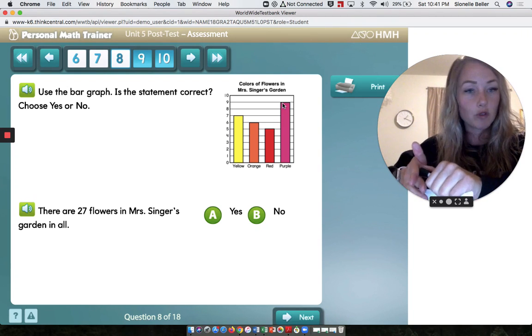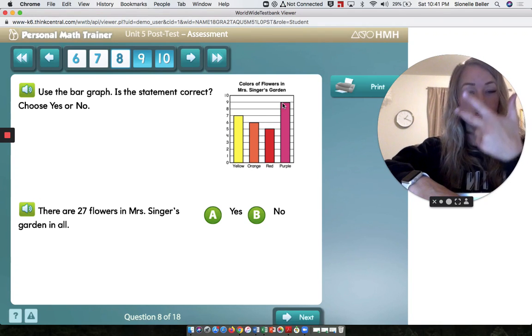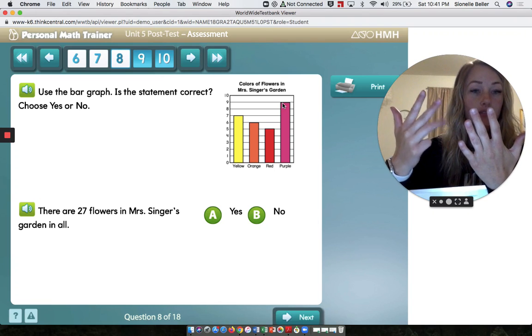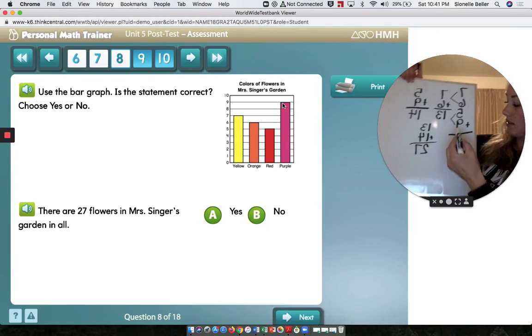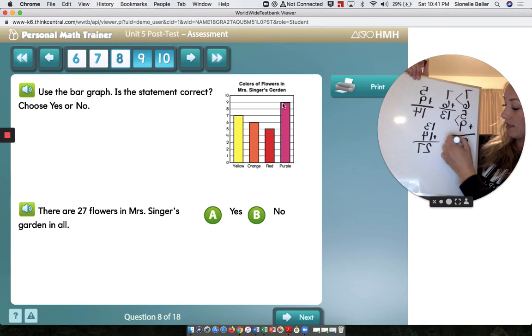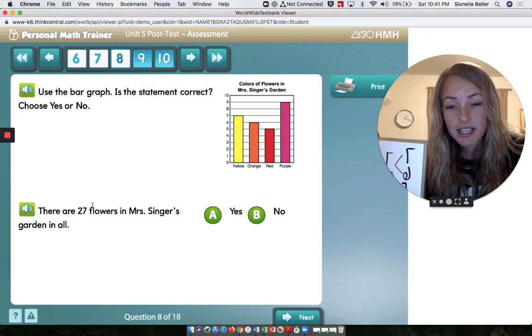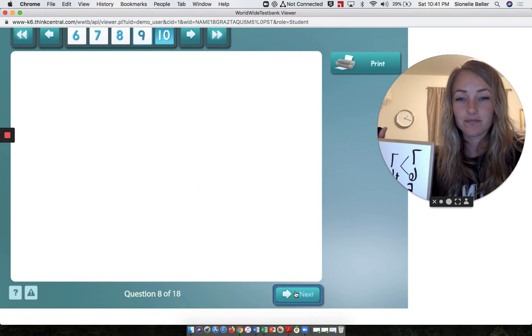So let's add 9 more fingers to 18. 19, 20, 21, 22, 23, 24, 25, 26, 27. So our answer is 27. Good, we got the same answer, so that means we did it right. So, are there 27 flowers in her garden? Yes, there are. We'll choose yes.